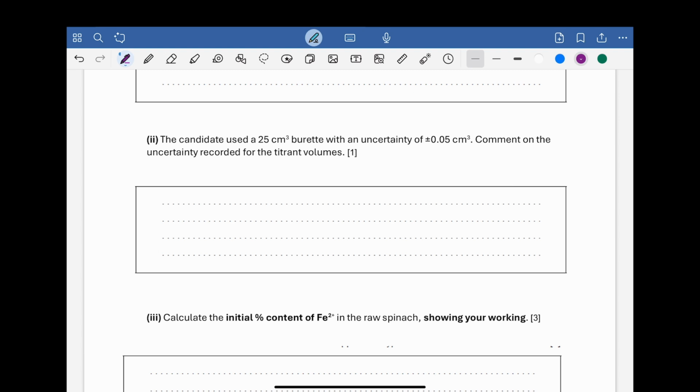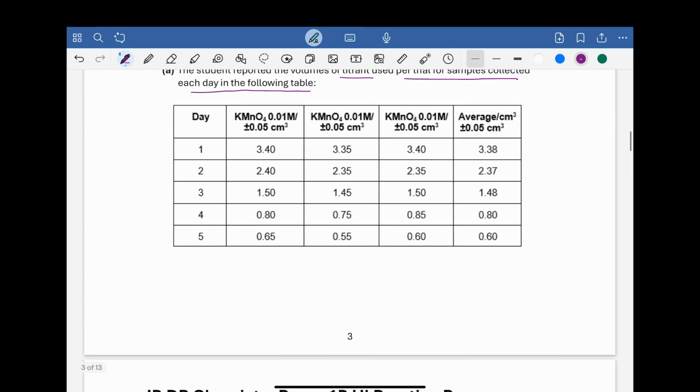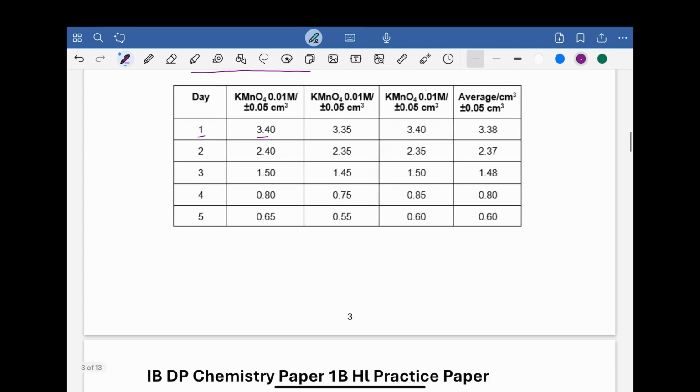The candidate used a 25 centimeter cube burette with an uncertainty of 0.05 centimeter cube. Comment on the uncertainty recorded for the titrant volume. In this table we have been given the titrant, which is obtained from the burette reading. Let's have a look at day 1. The titrant given is 3.40 for the first titration. How did the student obtain this?